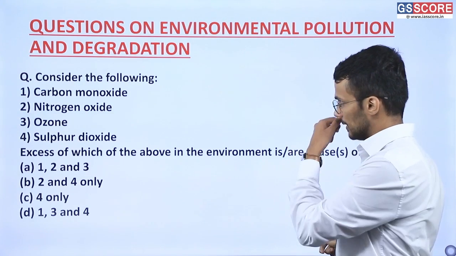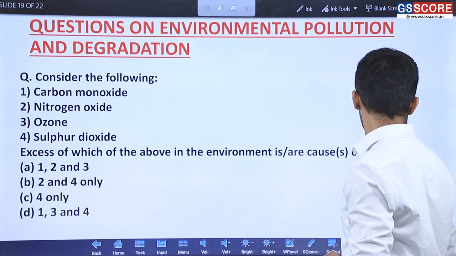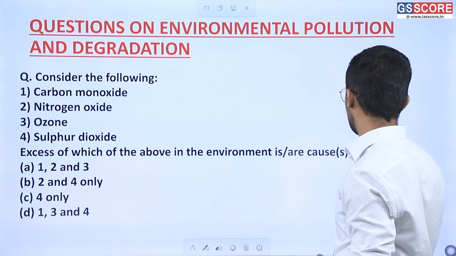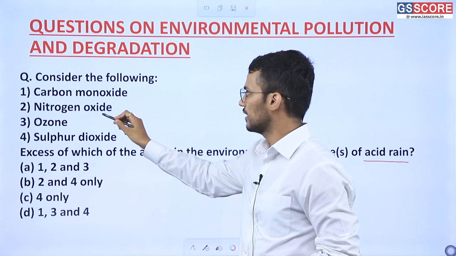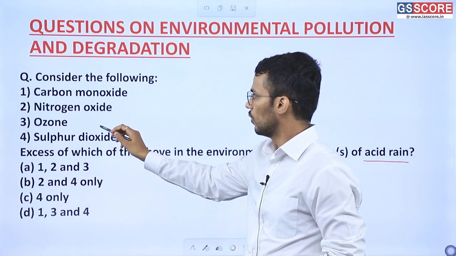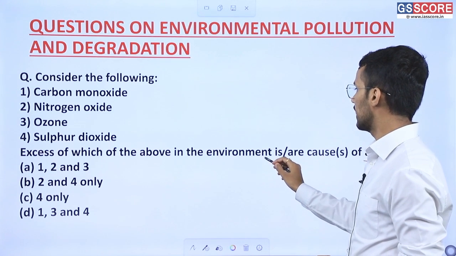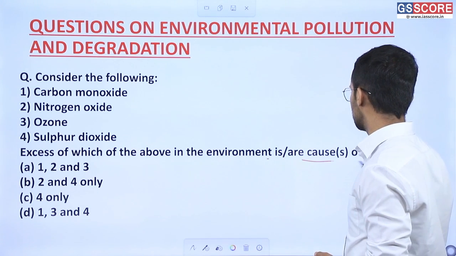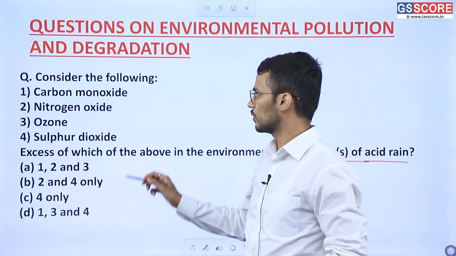One more question was there from the pollution topic, and that is related to acid rain. So consider the following: carbon monoxide, nitrogen oxide, ozone, sulfur dioxide. Excess of which of the above in the environment are causes of acid rain, right? So very simple question.